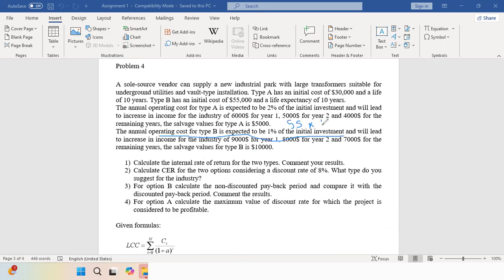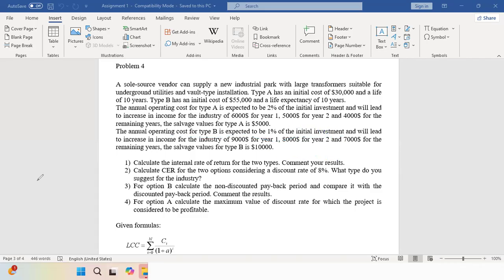For each year, you need to pay $550. But since I divided all terms by 1,000, it's 0.55, and since it's constant with years, you multiply by n, the number of years. Okay? Clear. Thank you.